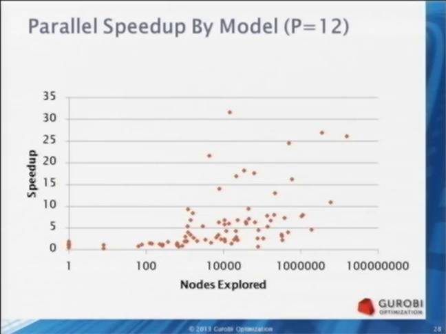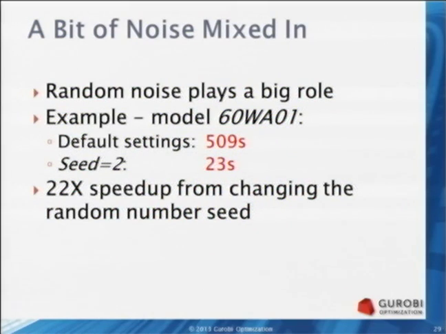You notice that there's actually a fair amount of noise in these results. For any one node count, you may see a pretty broad spectrum of results. Let me just comment on that briefly. One thing that's inherent in solving mixed integer programming problems, no matter what you do, is random noise.